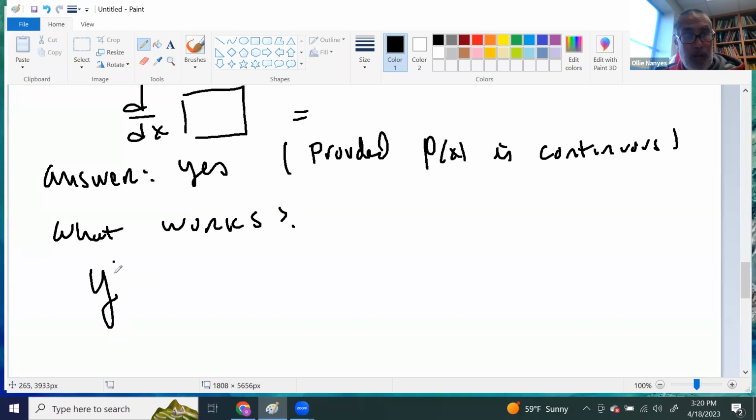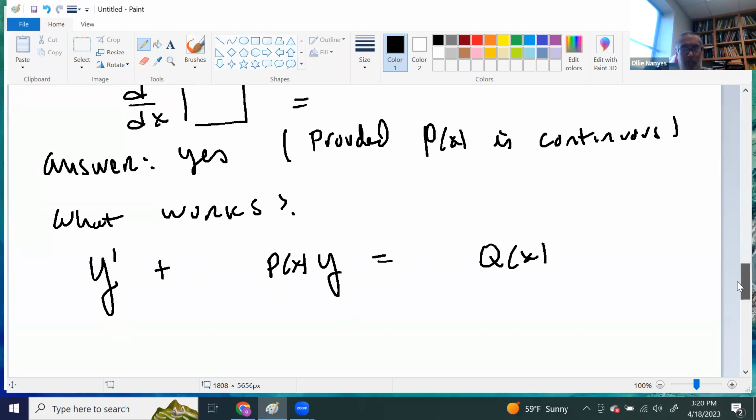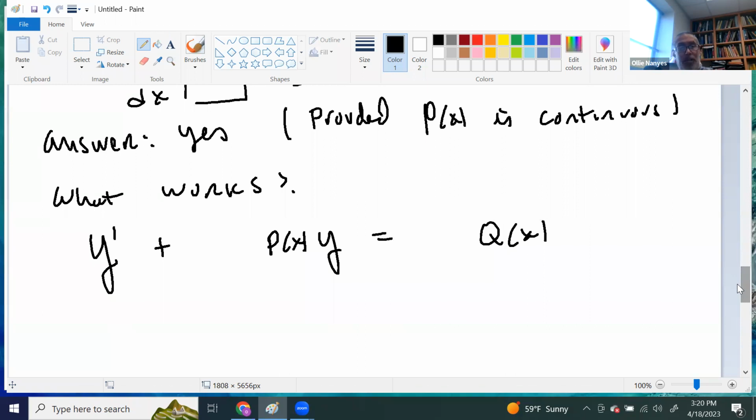Well, if we take y prime plus p of x, y equals q of x, we want to multiply by something. Let's just call this thing u. We want to multiply it by some u of x.